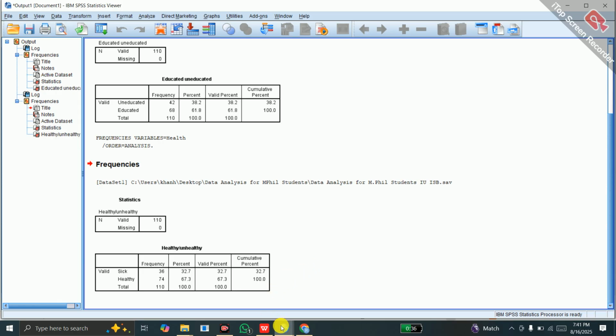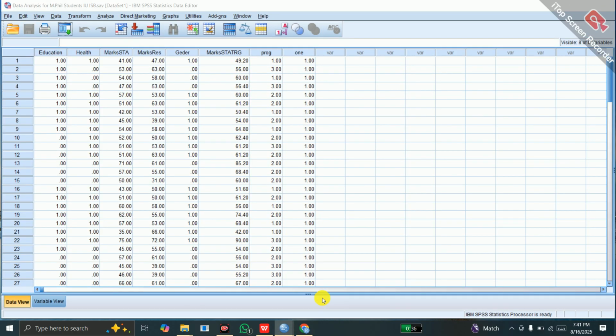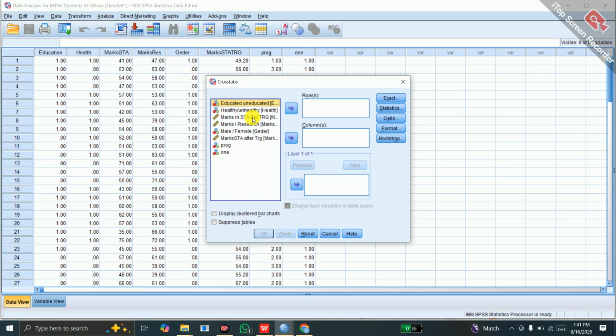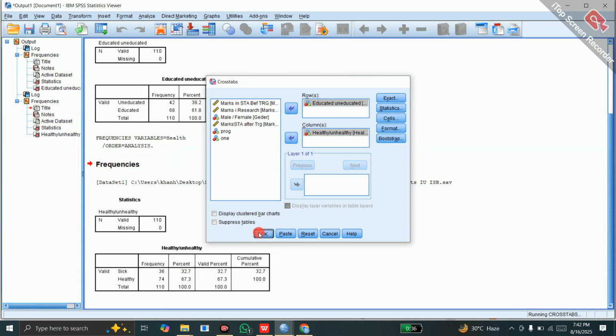Now after this, I would like to show you how to tabulate, or how to create cross tabs or two-way classification, of two descriptive variables. This time I would like to go to cross tabs, and one of the variables I would send to the row and the other one to the column, and then I will click on OK.